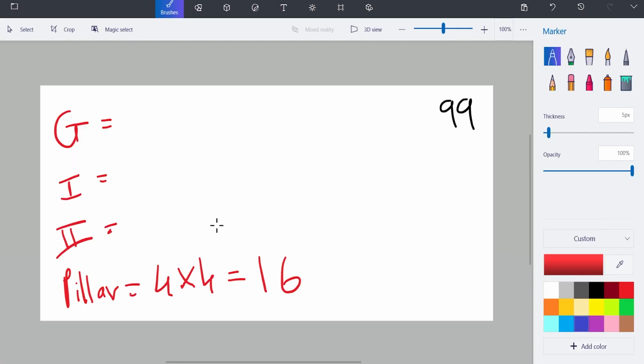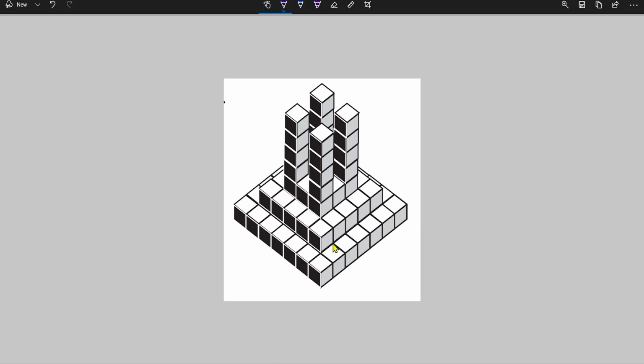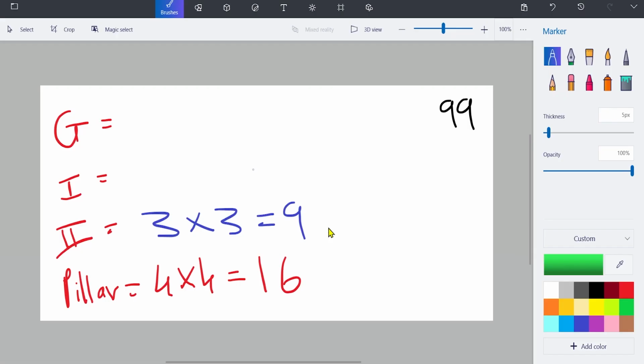That's going to be 9. And then the first one, which is this block, is 1, 2, 3, 4, 5 by 1, 2, 3, 4, 5. So that's 5 into 5, which is 25.